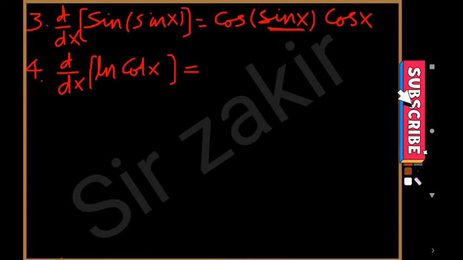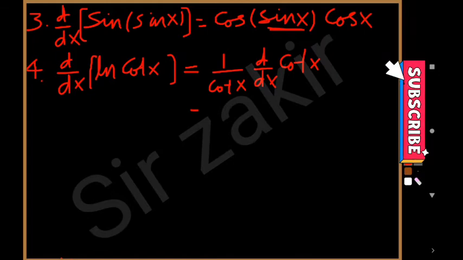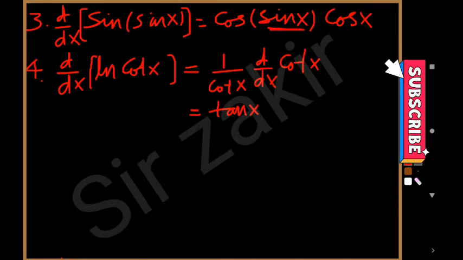So log applies on cot, so it becomes 1 by cot x, and then the derivative of cot. 1 by cot can be written as tan, and the derivative of cotangent is minus cosecant square x.